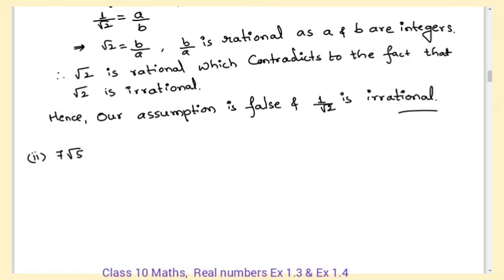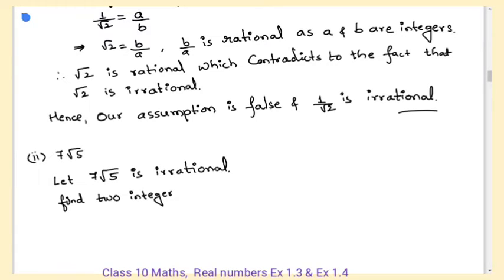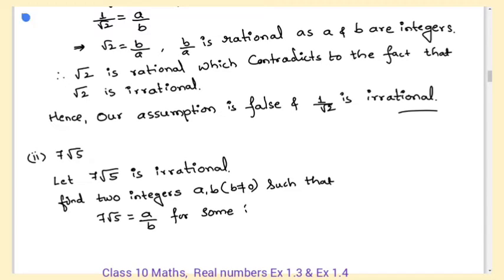Second one, 7 root 5. So first let us consider that. Let 7 root 5 be rational. Find two integers a, b, b is not equal to 0, such that 7 root 5 is equal to a by b, for some integers a and b.